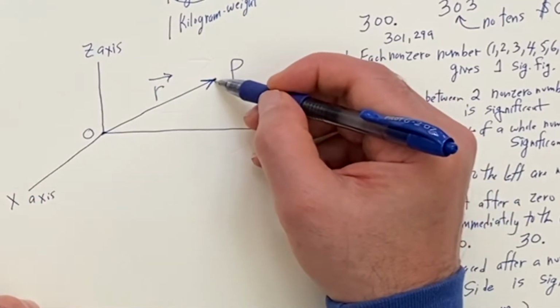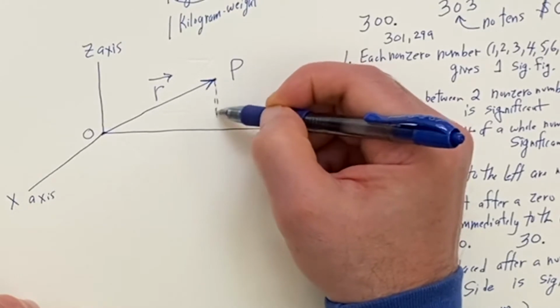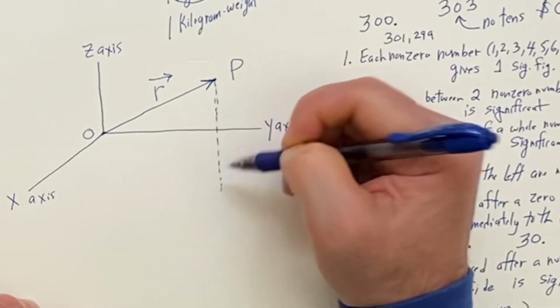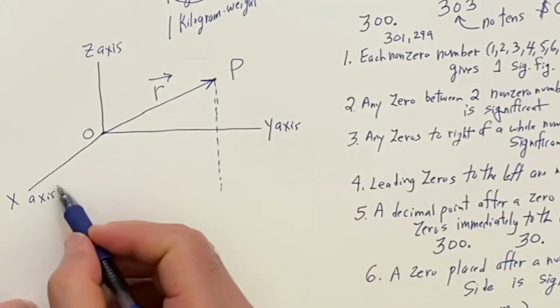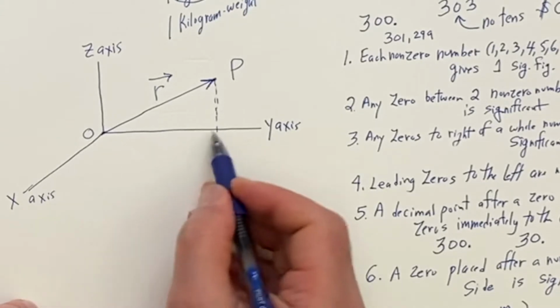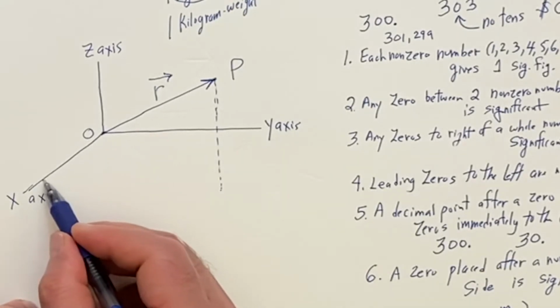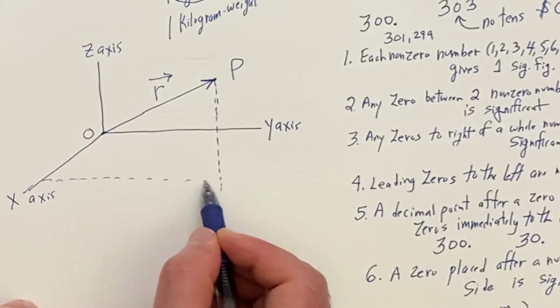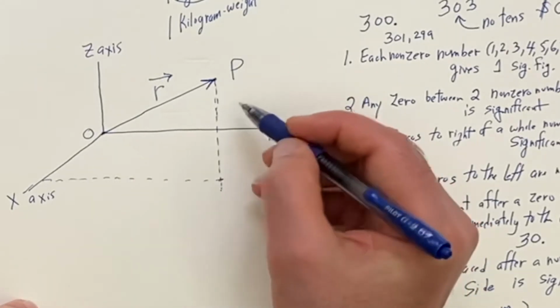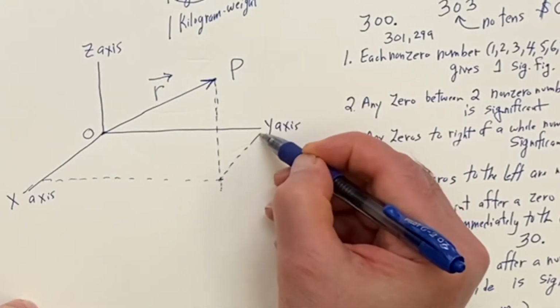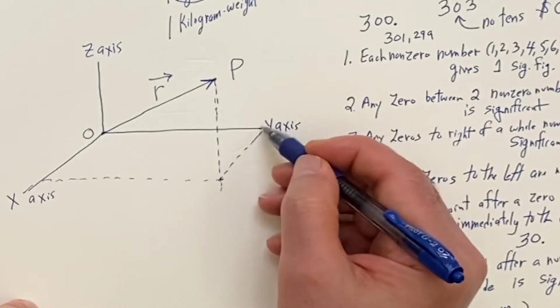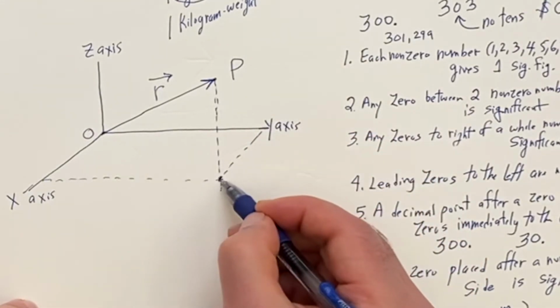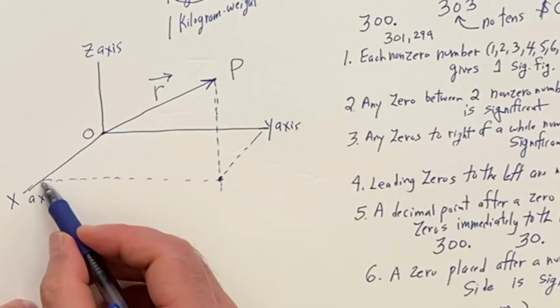Now watch this trick. This is 3-dimensional, kind of like perspective we want to do here. If we drop this down, what we're going to do here is go parallel. Let's say we go parallel to here like that, and parallel like that. Then what this is saying is you're going this way.